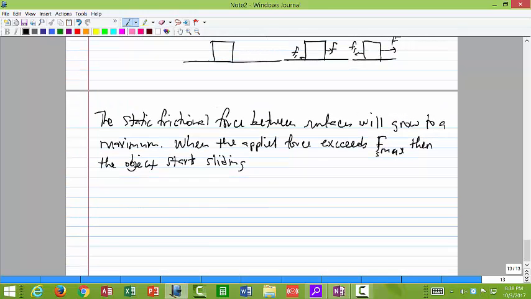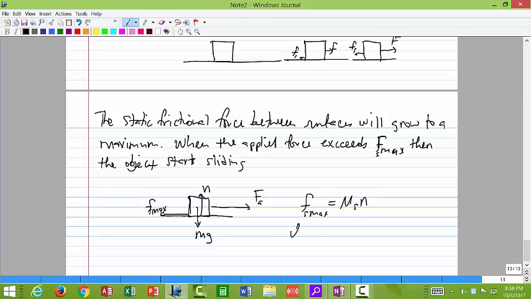Okay, so what we'll have then is that, suppose we get to a certain point where this is Fa and this is static friction Fs max, then we can say that Fs max is equal to mu_s N, where this is of course mg and that's N. If Fa is greater than Fs max, the object slides.